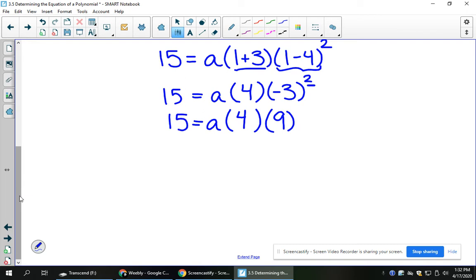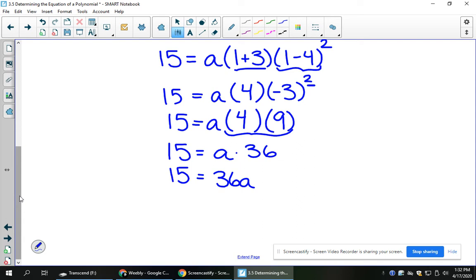Now, if you wanted to keep going, the next thing in BEDMAS is to multiply things together. I see some things right here that could multiply together. So we have 4 times 9 being 36. Now, remember, you can write multiplication a lot of different ways in math. We are not used to seeing a times 36. What are we more used to seeing if we want to multiply a and 36 together? 36a. This is my big hint to you.